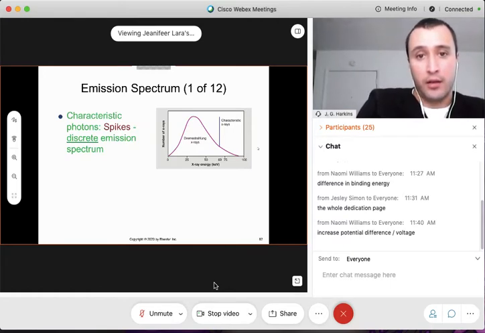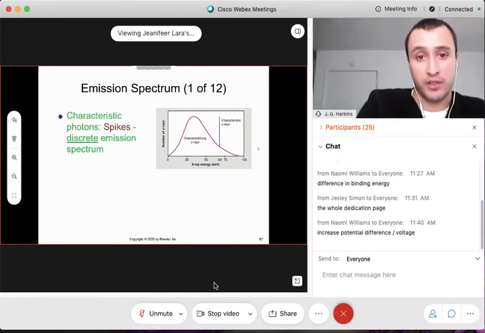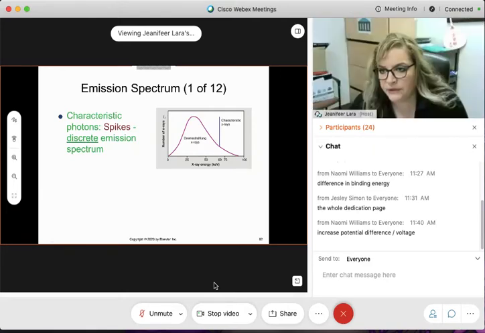Correct. The way the characteristic represents itself on the graph, if the number of X-rays were 0 to 100, we'd get a number at the top of the line. If there were numbers here, you could say I had this many characteristic X-rays of this energy.